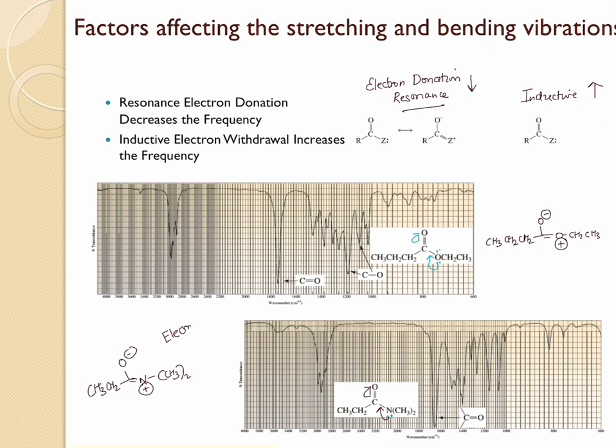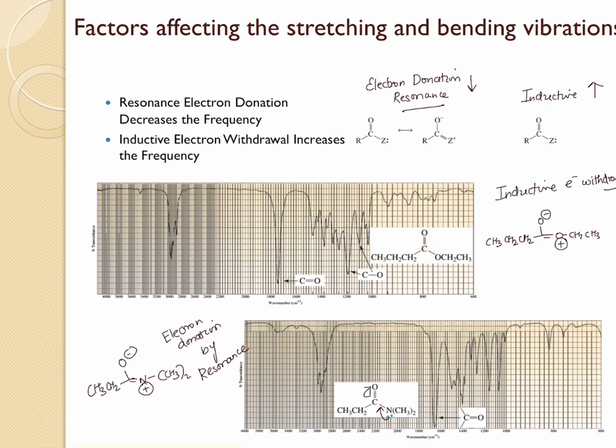So here, in amide, there is electron donation by resonance. But in the case of ester, since oxygen is not able to handle this positive charge well, the predominant effect in ester would be inductive electron withdrawal, where these electrons are going to come in and strengthen this double bond. So this would be inductive electron withdrawal.